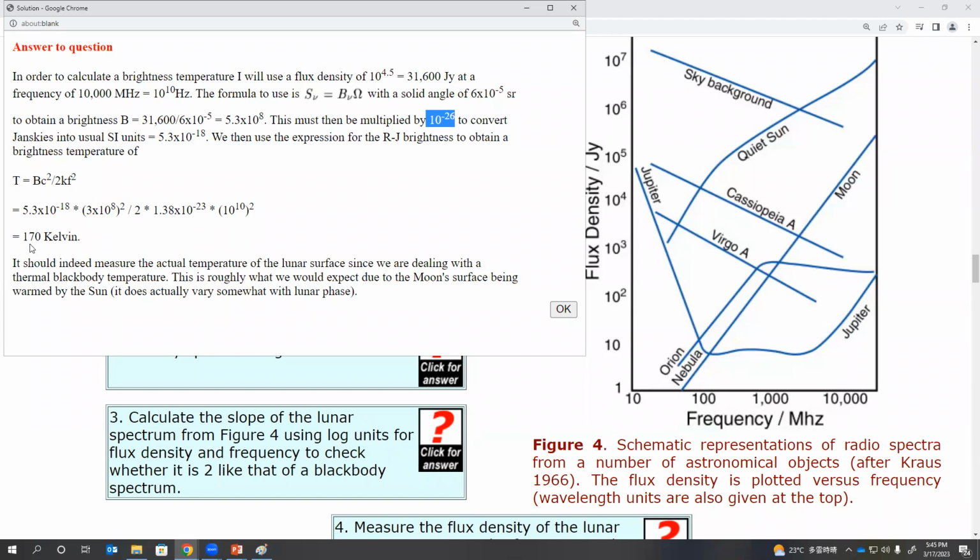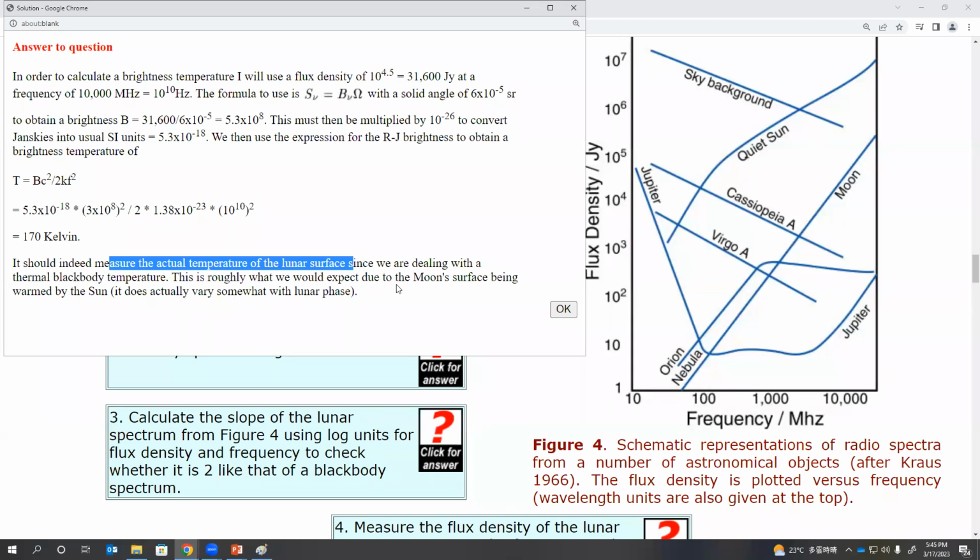And finally, we get the temperature for the moon at the corresponding flux density with the frequency of 10,000 megahertz, which is 170 Kelvin. So it should indeed measure the actual temperature of the lunar surface.